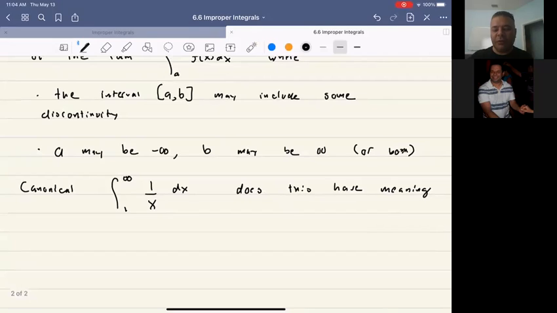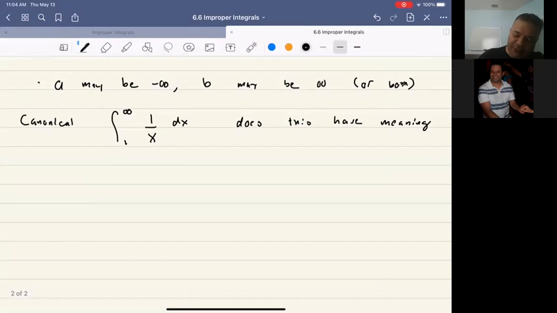What we're really going to do is define this as a limit. This is going to be the limit as t goes to infinity of the integral from 1 to t of 1 over x dx.